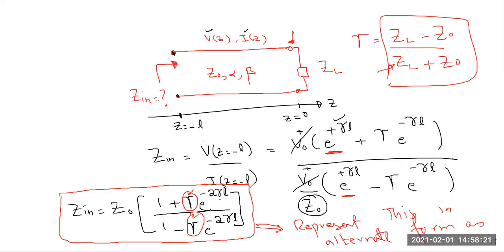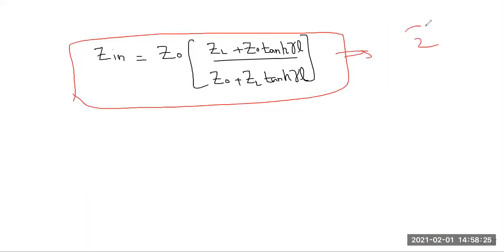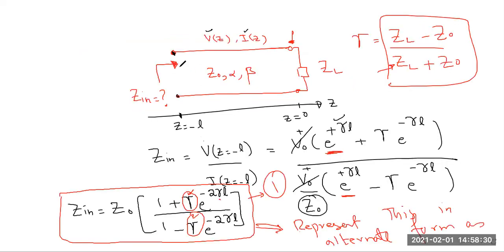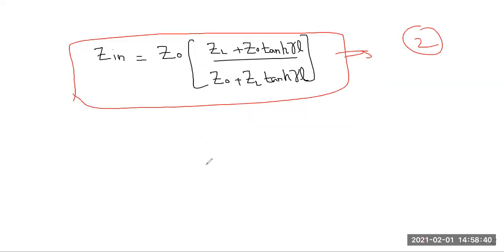So one possibility is you can use this one, and the other possibility is you can also make use of this expression to find out how much is the input impedance at the input of our terminated lossy line. Now let's make a comparison so that you can get a bigger picture.